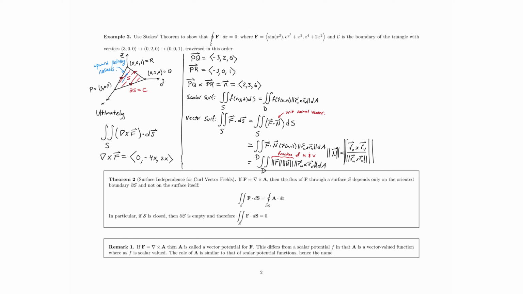So notice here that we have a copy of the magnitude of r_u cross r_v in the bottom and we have one at the top. So if we make this replacement of this N with this quantity, then we can cancel this in the top with this in the bottom.